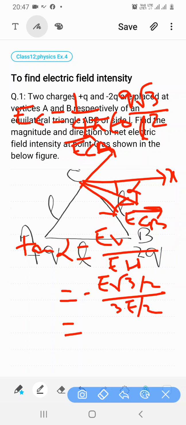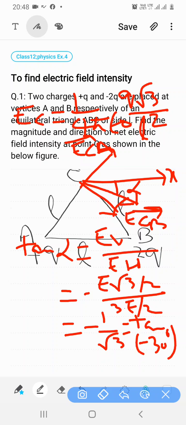So we are getting here minus 1 upon root 3, 2 cancel, E cancel, root 3 by 3, that is root 3 upon root 3 into root 3, that is minus 1 by root 3 is equal to tan in bracket minus 30 degree. Tan 30 degree is equal to 1 by root 3. Therefore, alpha is equal to minus 30 degree.